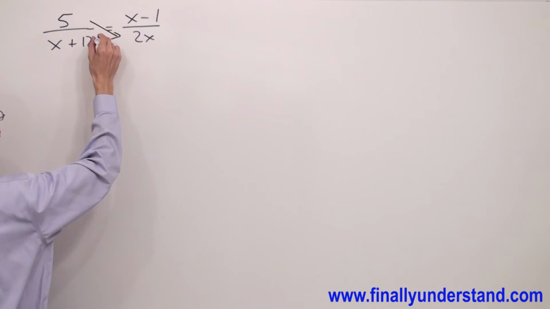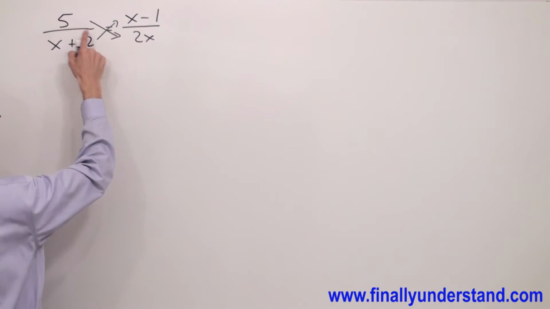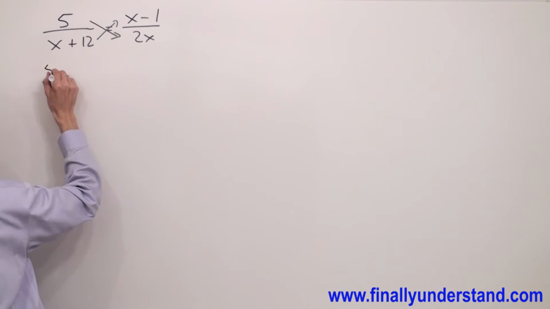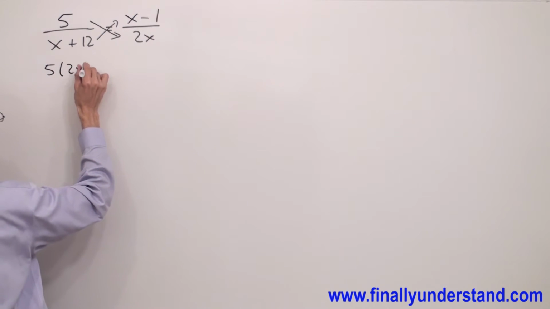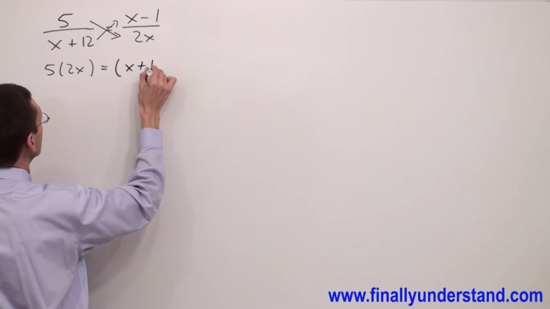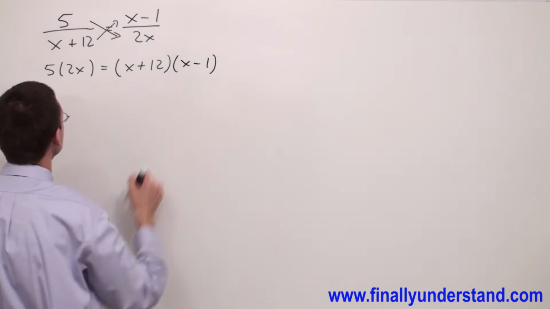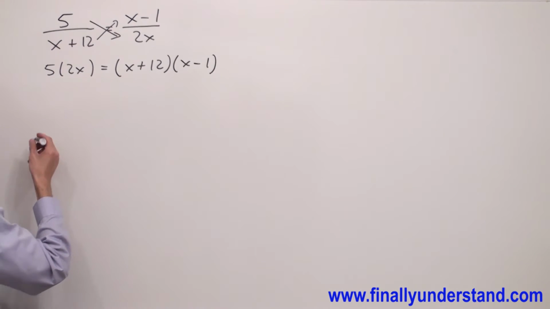Simply use cross multiplication. I have 5 times 2x is equal to x plus 12 times x minus 1. Now perform multiplication.